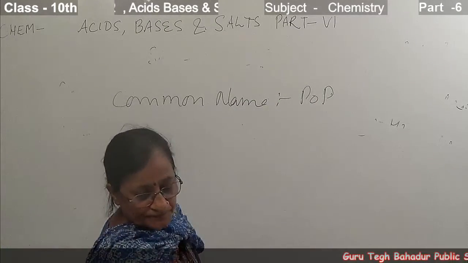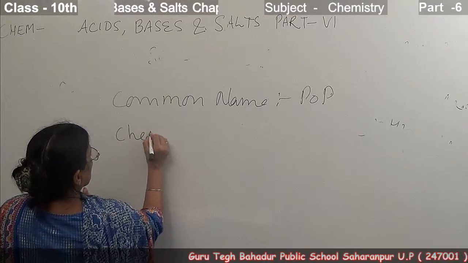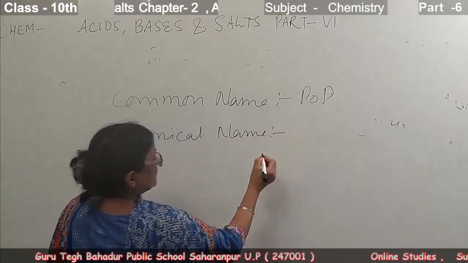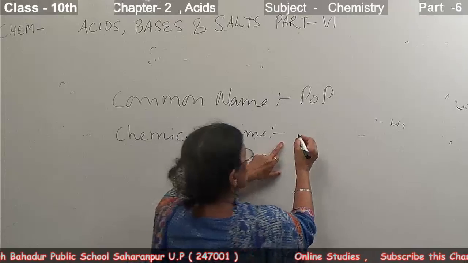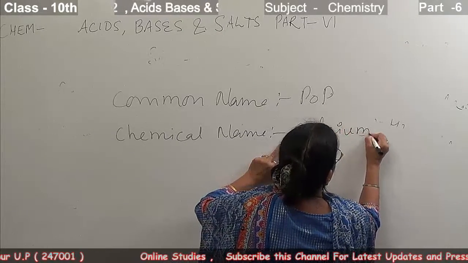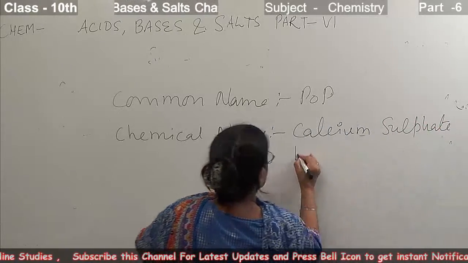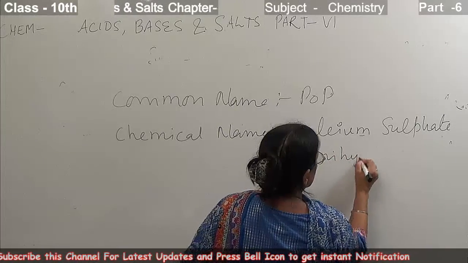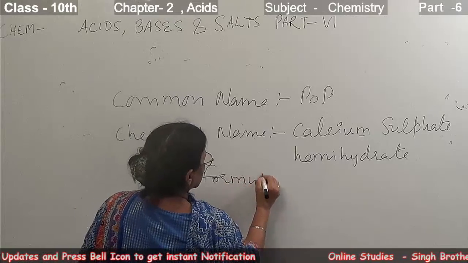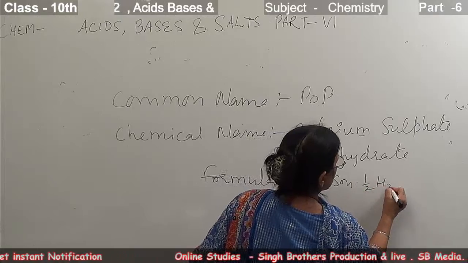Its chemical name is calcium sulfate hemihydrate, and its chemical formula is CaSO4·½H2O.